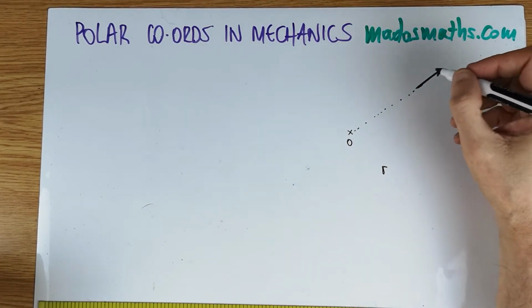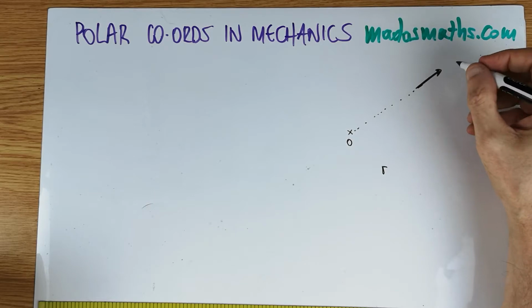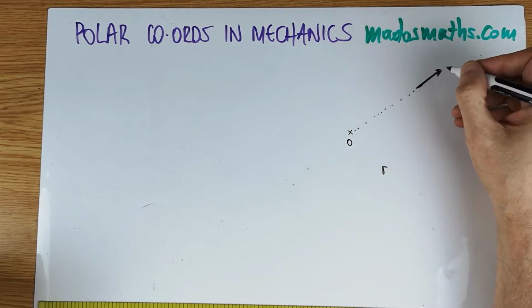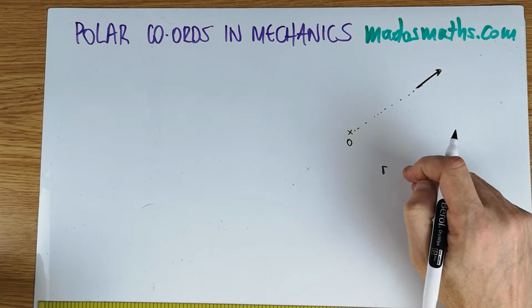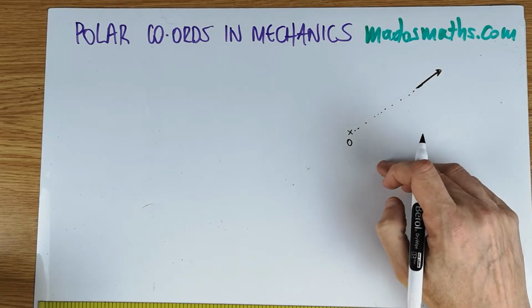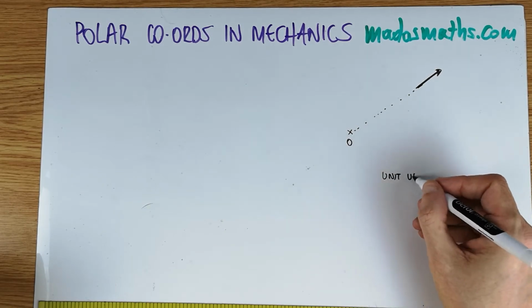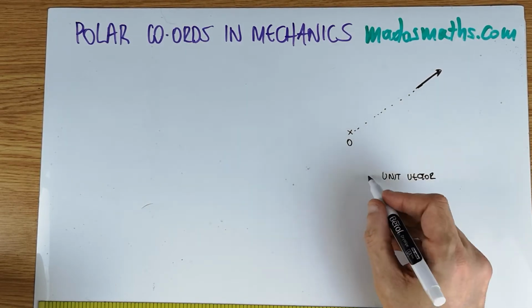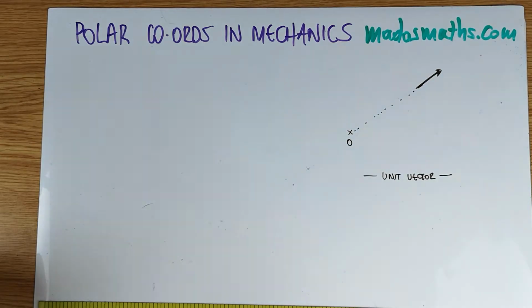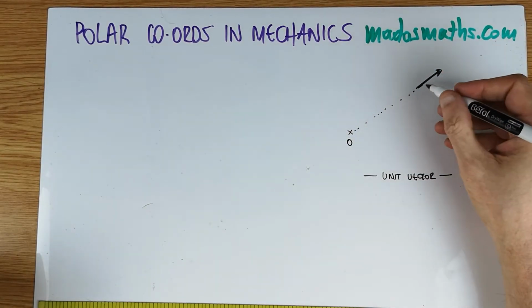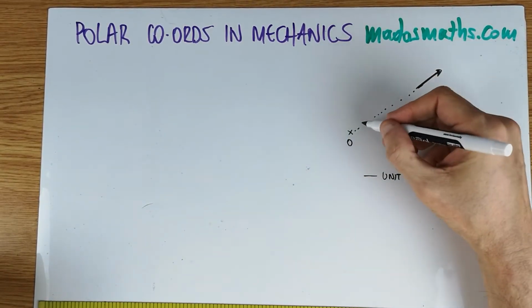So this vector r, which is in the r hat direction. This is now a unit vector. I don't want to put a lot of notation here because it might complicate things. We've got a unit vector, and this vector is always radial in its direction.